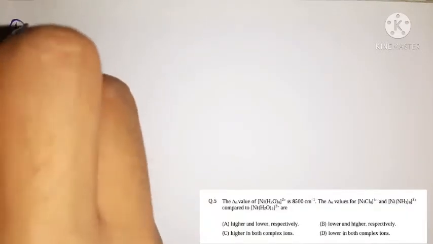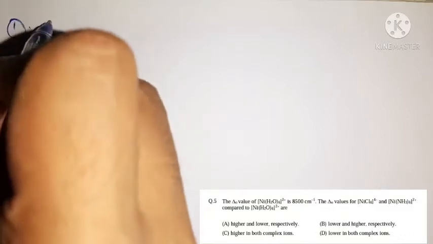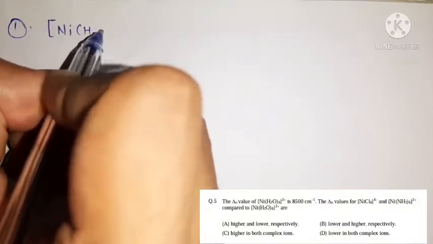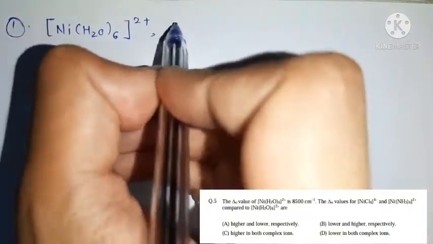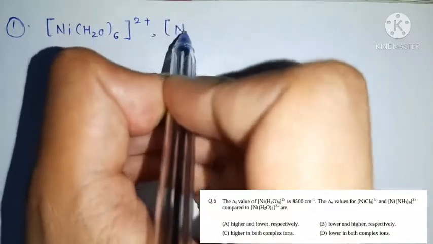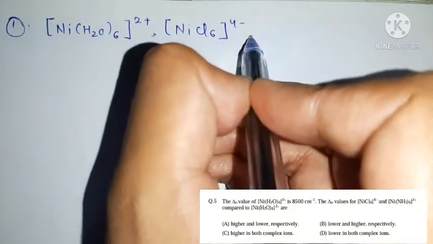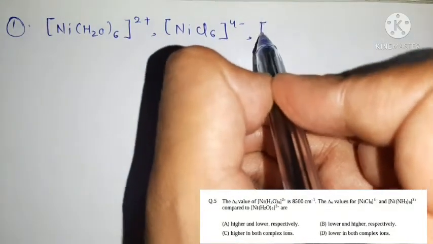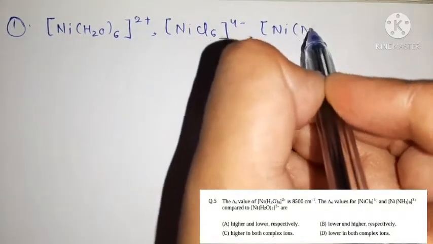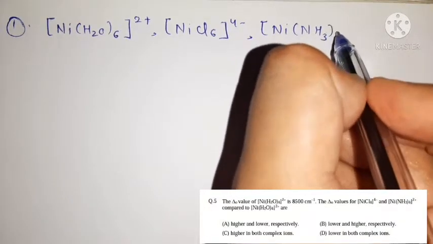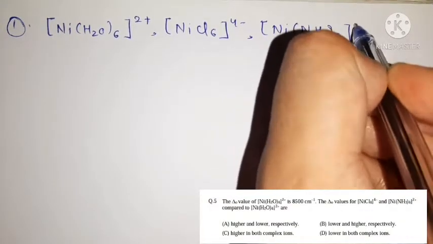Now see, we have three complexes in this question. The first one is Ni(H2O)6 2+, then NiCl6 4-, then Ni(NH3)6 2+.